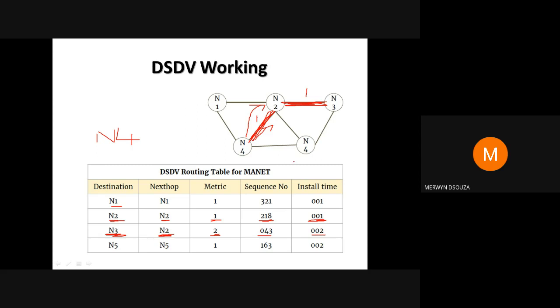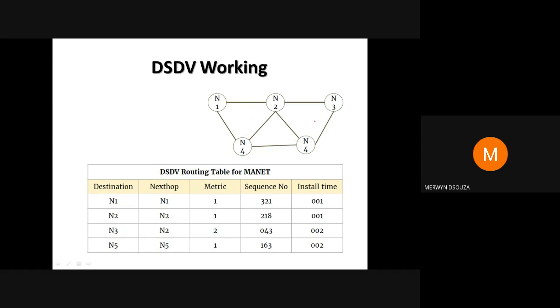Similarly, this is node N5. When it wants to send a packet to N5, the next node will be directly N5. The distance is 1, some sequence number has been put, and the entry has been made at 002.